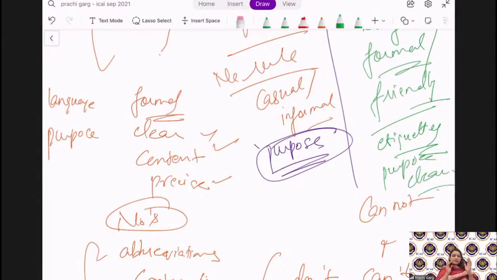So semi-formal is basically somewhere in the middle of formal and informal writing. Are we clear about these three types of email writing? No problem, Kushagra. I get it. Okay. Yes, of course, business English can be used in formal writing.